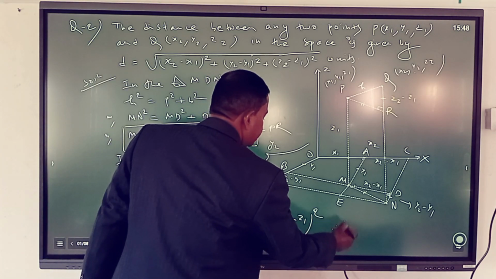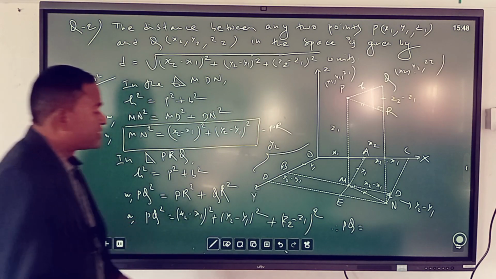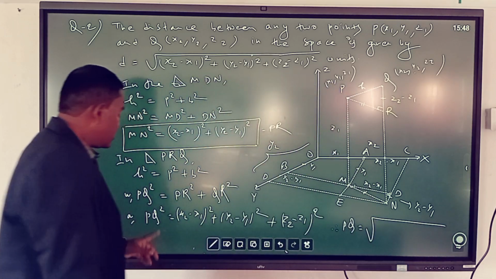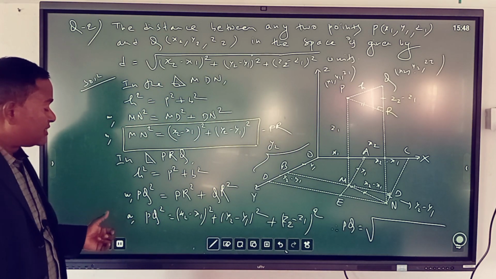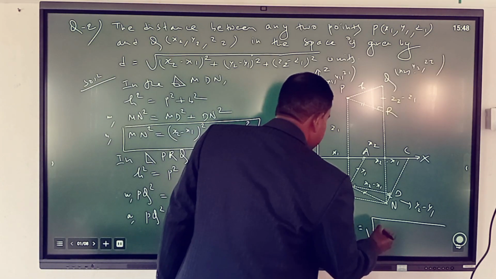Therefore, if we remove the square from the left hand side, then there will be a root on the right hand side, and we get the measure of PQ.